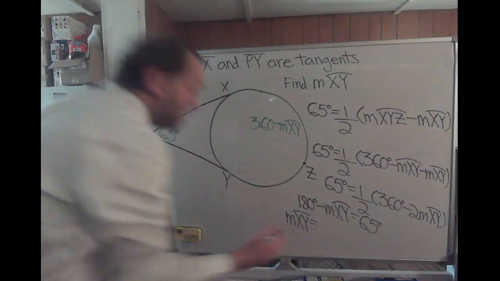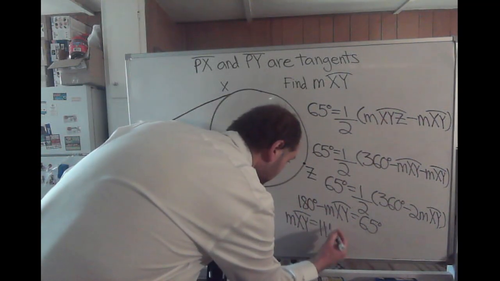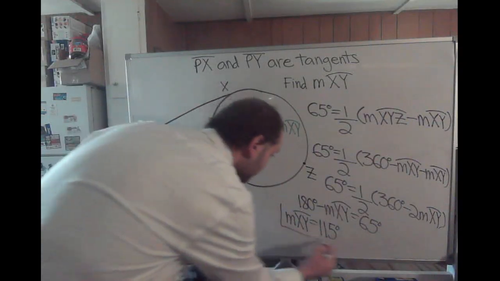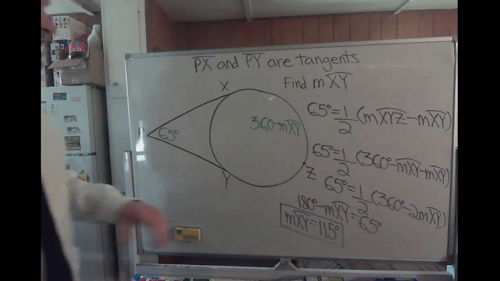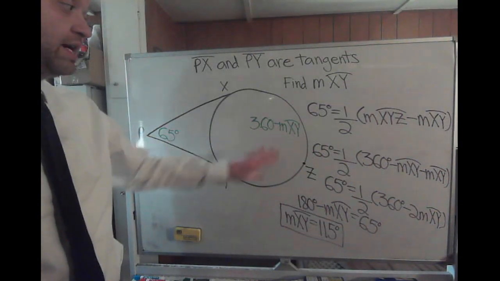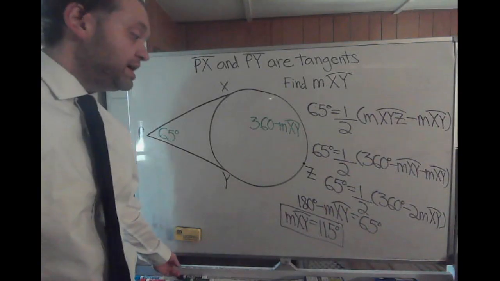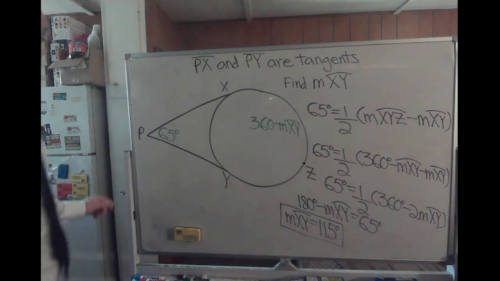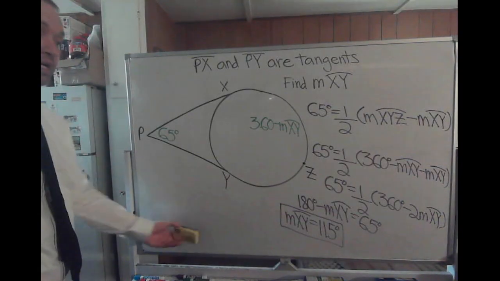The measure of arc XY would be equal to 115 degrees. So that one took a little bit of figuring out. You had to get the measure of the major arc in terms of minor arc XY, which would be 360 minus the measure of arc XY. When you do that, you end up getting the measure of minor arc XY is 115 degrees.